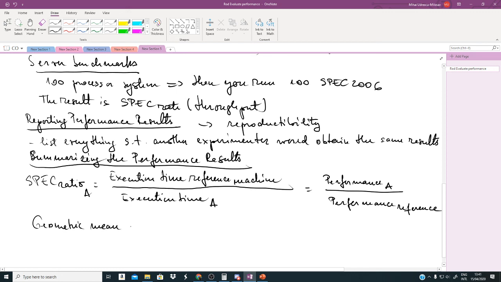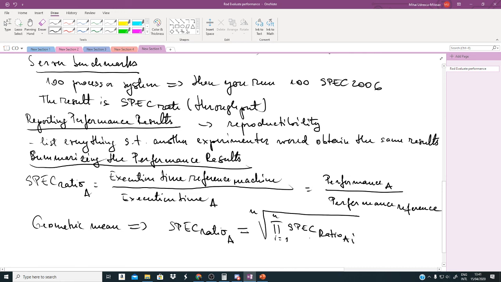If we are talking about the SPEC ratio for machine A, for all the programs in the benchmark suite, then we talk about this ratio, where SPEC ratio A_i means the SPEC ratio for machine A running program i.